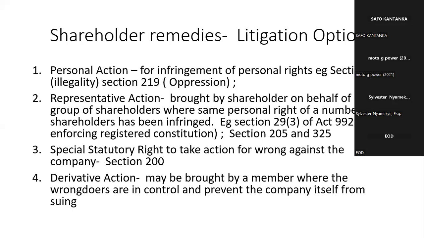and say that this particular act, which the company is doing, is illegal. It's not in accordance with what the law says or what the constitution of the company says. There are times that the shareholder may not only be seeking to ensure the legality principle in the company, but may also be seeking to ventilate his or her own personal grievance because the company did not follow, let's say, the laid down procedure in the constitution.